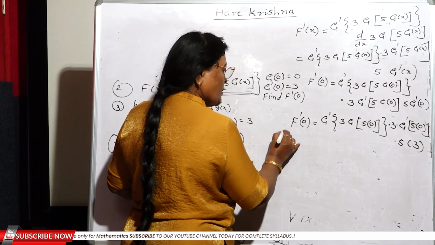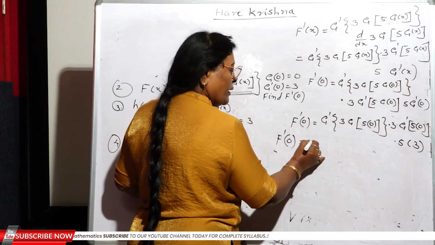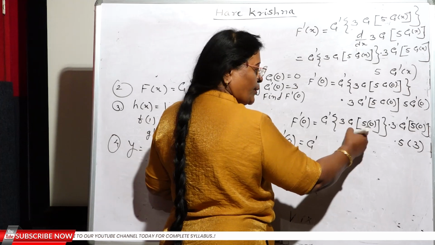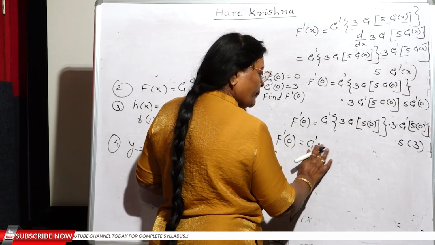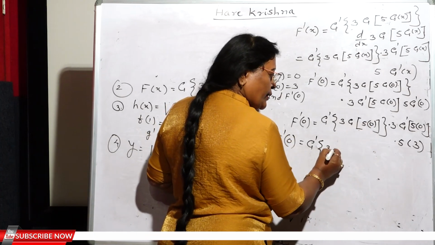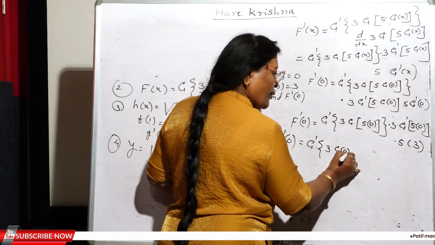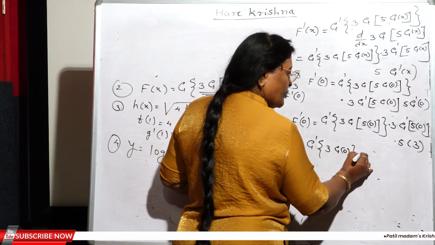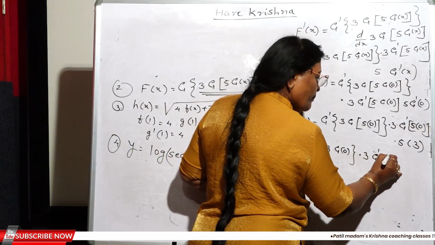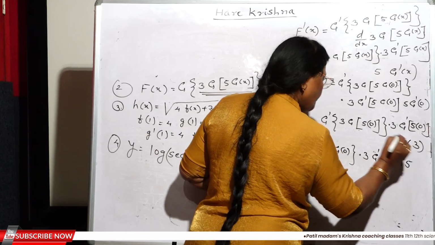Now f dash 0, see here, g dash, again if you observe this, 5 into 0 is 0, therefore g of 0. Again 3, 5 into 0 is 0, again g dash 0, 5 3s are 15, isn't it?